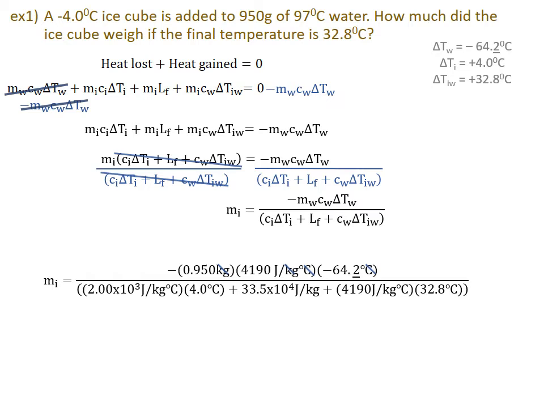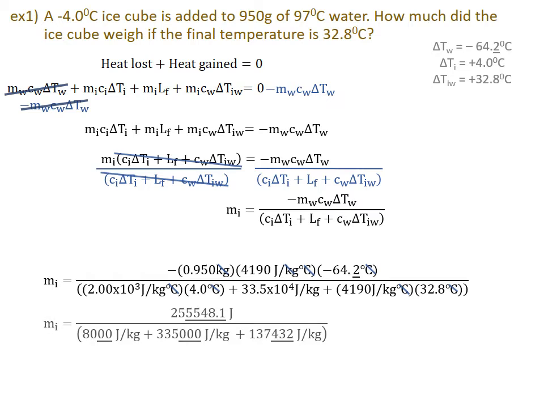If we look in our denominator, the very first term has a degree Celsius on the bottom and a degree Celsius on the top, so they will factor out. And same thing with our last term, the degree Celsius on the bottom will factor out with the degree Celsius on the top inside our denominator. I run it through my calculator. The only unit left in the numerator is joules, and on the bottom, all the terms have a unit of joules per kilogram.